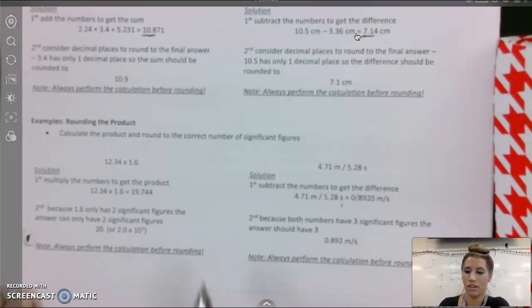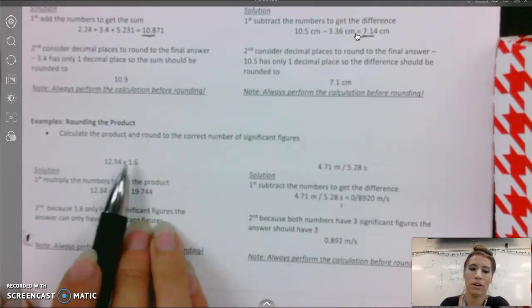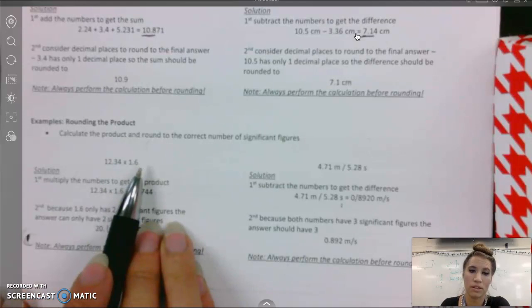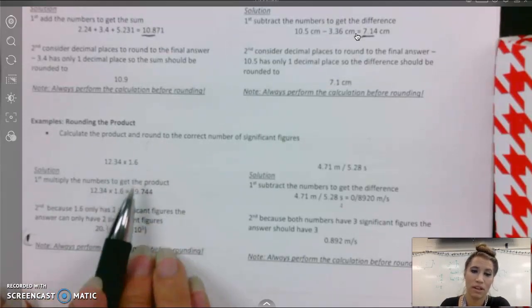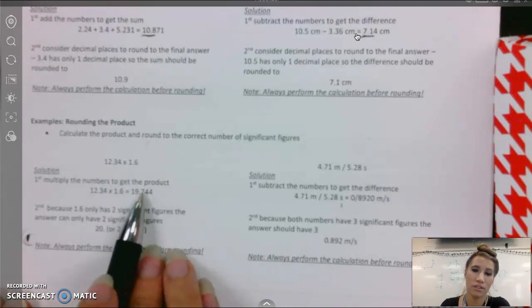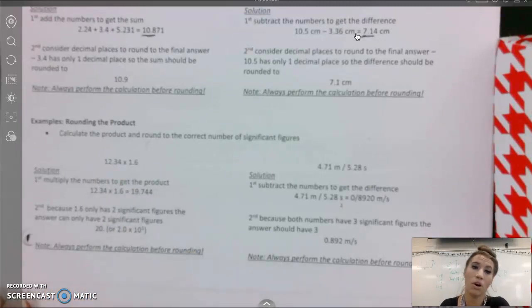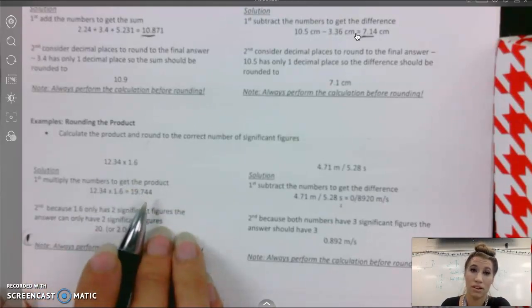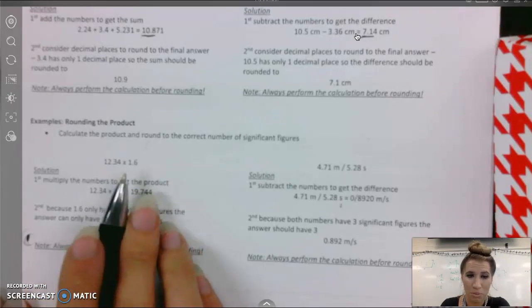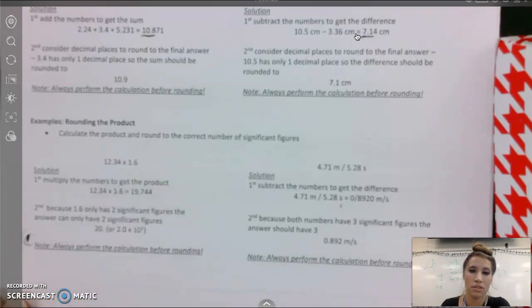So here, I'm taking 12.34 and I'm multiplying it by 1.6. So we have 4 sig figs and 2 sig figs. And the number that my calculator gives me is this big, long, overly precise number. These measurements are not capable of producing a number this precise.